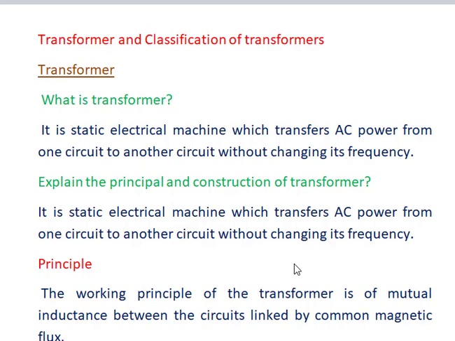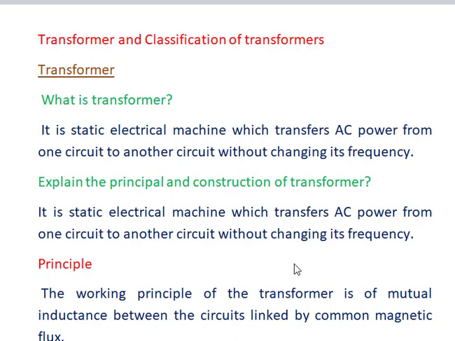When the AC power is passed through the primary coil, which is a copper coil, it generates the magnetic field. This magnetic flux is intercepted by the secondary coil.